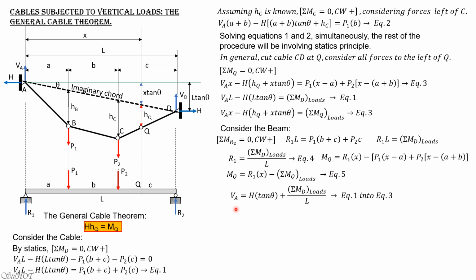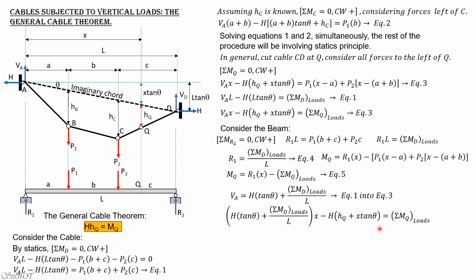So into equation 3, and take note that equation 3 from here, we have H tangent theta plus summation of moment about D due to the loads over L, times X minus H times quantity (HQ plus X tangent theta) equals summation of moment about Q due to the loads. If we simplify this, take note that we can eliminate H tangent theta because there is negative HX tangent theta, then we have also negative HX tangent theta.